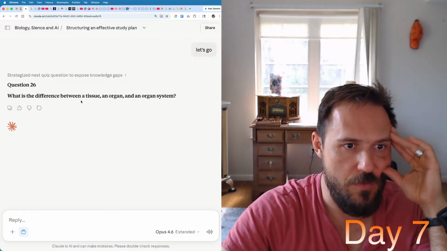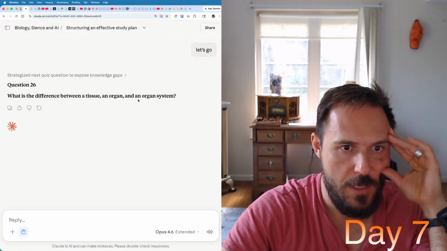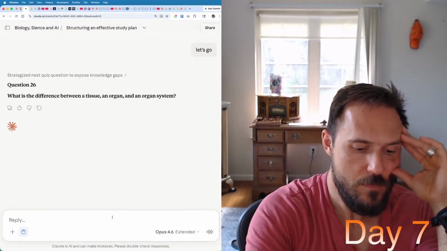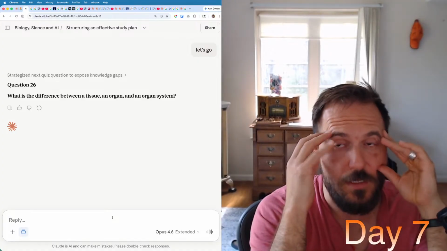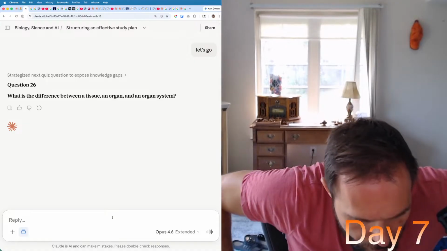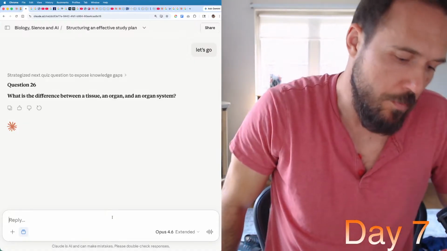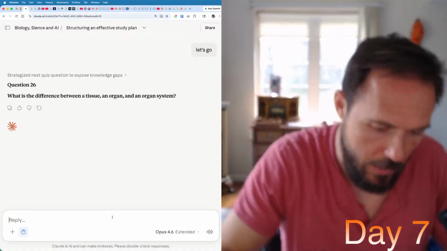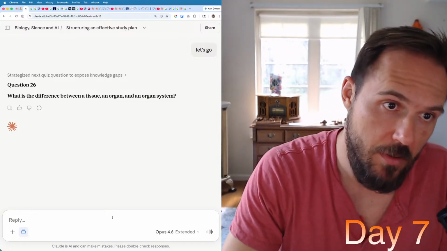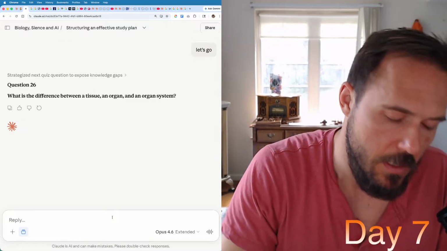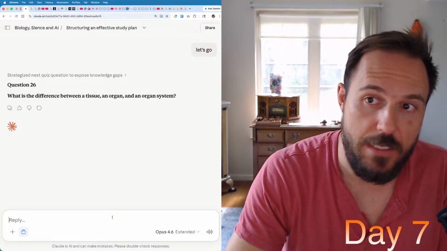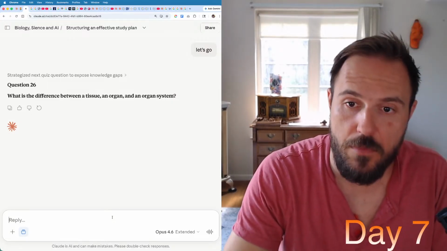What is the difference between a tissue, an organ, and an organ system? The tissue is an arrangement of many of the same cell types in a certain pattern.